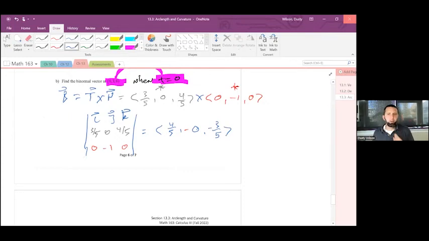I find the cross product prone to mistakes, so I'm going to check with the dot product.